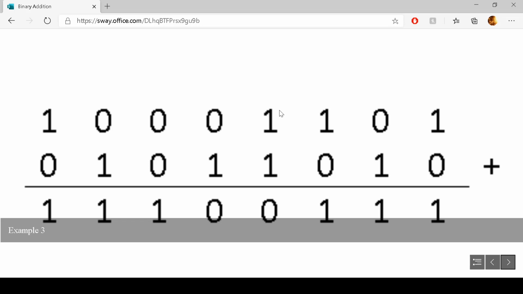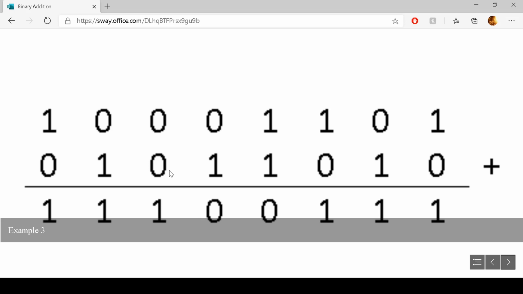In the next column, we have 1 plus 1. 1 plus 1 is 0, carry 1. So in the next column, we have 0 plus 1 plus carry 1. So the result here is 0, carry 1.